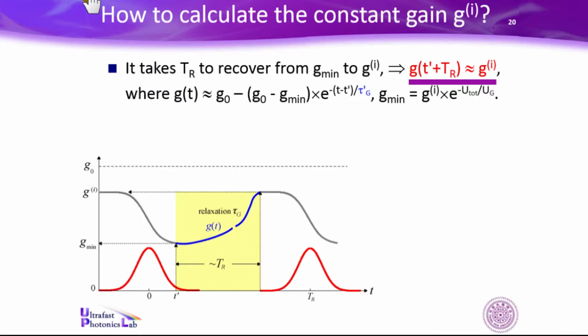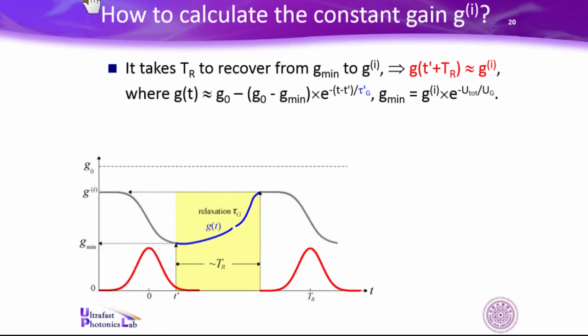So in terms of formula, it's like this. G in stage 2, at T prime plus TR, so that means after one round trip, what is the gain? The gain has to return to the initial gain, okay?